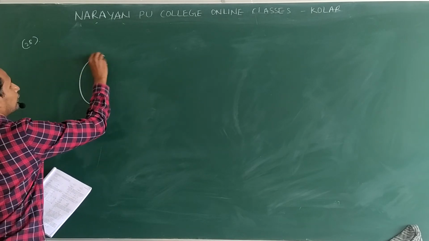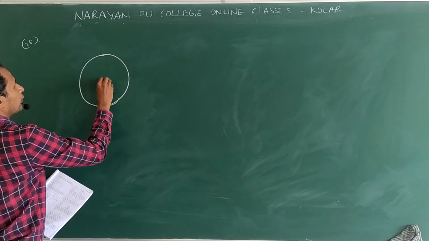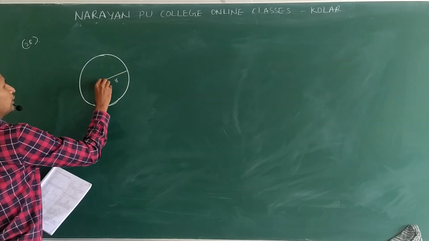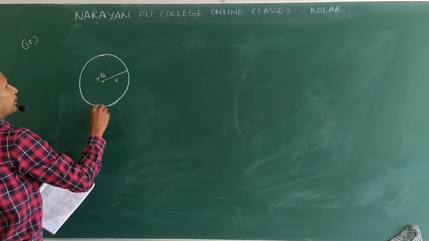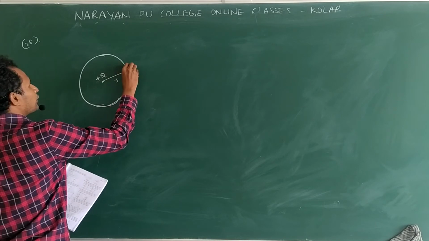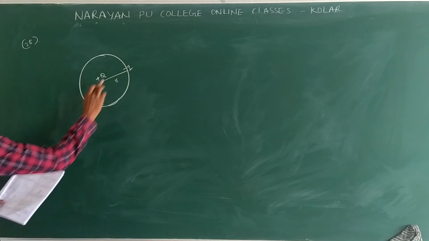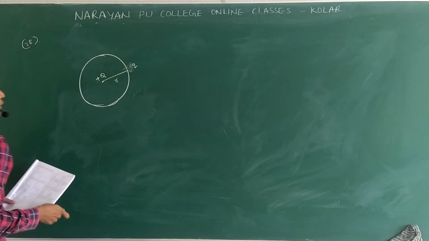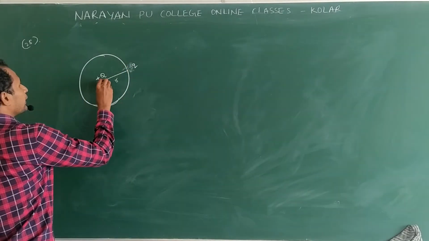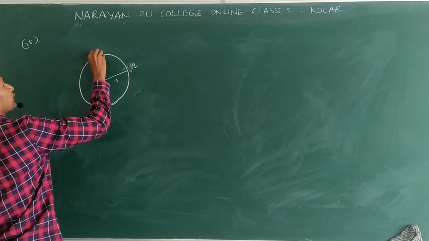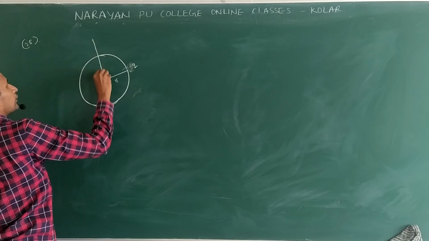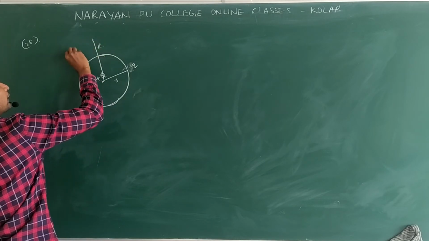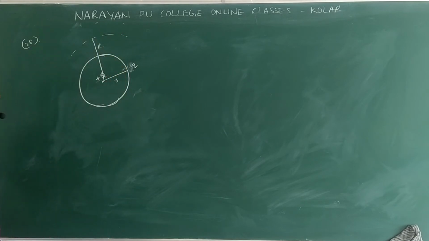Let us take a circular orbit of radius small r. At the center we have a plus q, and here minus q charge is revolving. Clear? Now they are asking the work done to increase the radius up to capital R.